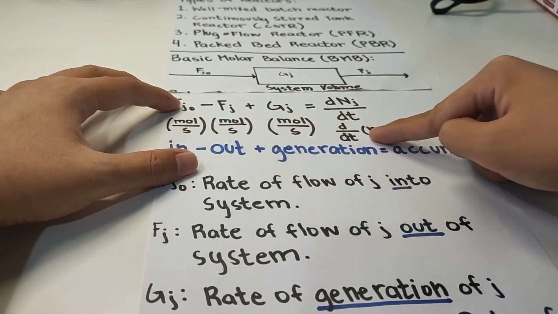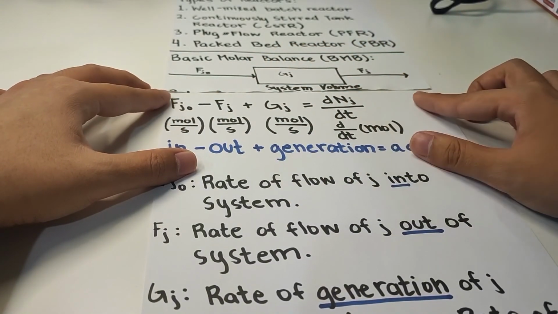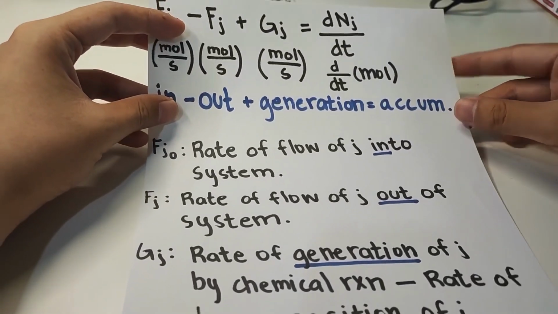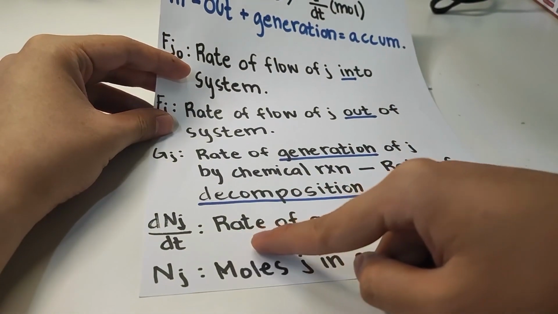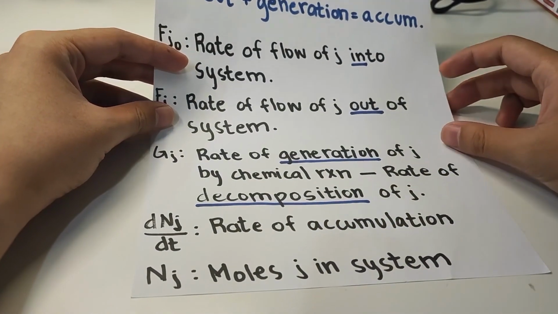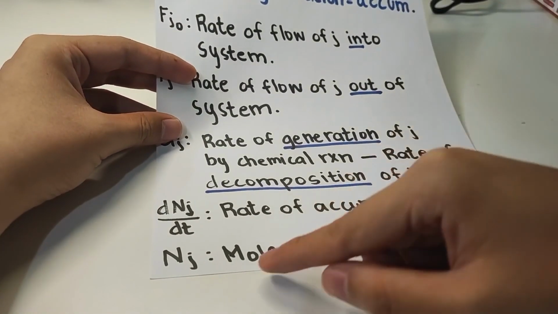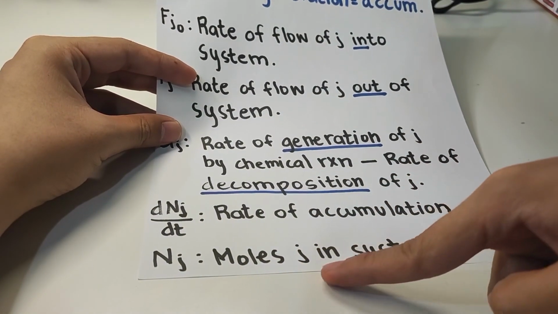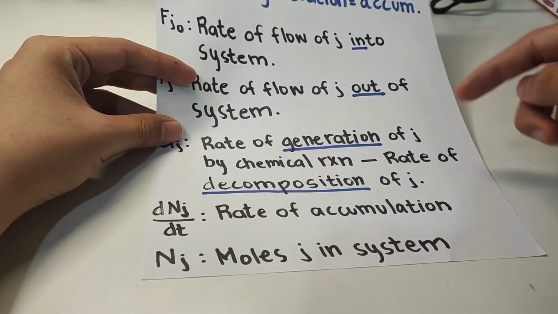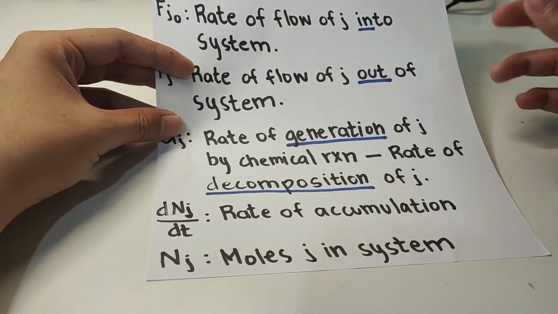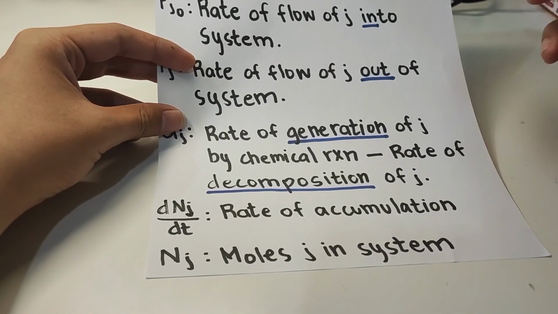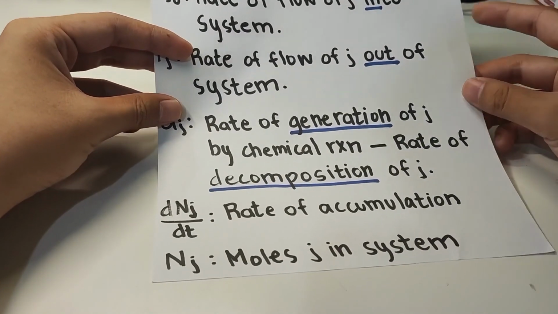These are the units right here. dNj over dt is the rate of accumulation, where Nj is the moles of J in the system at time t.